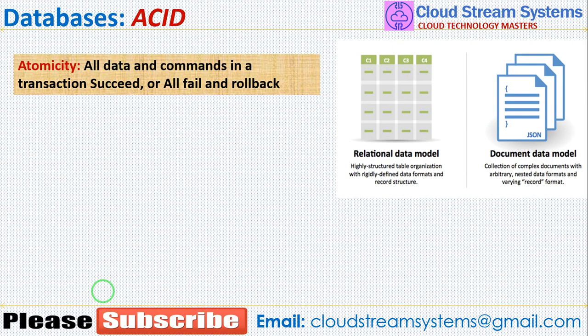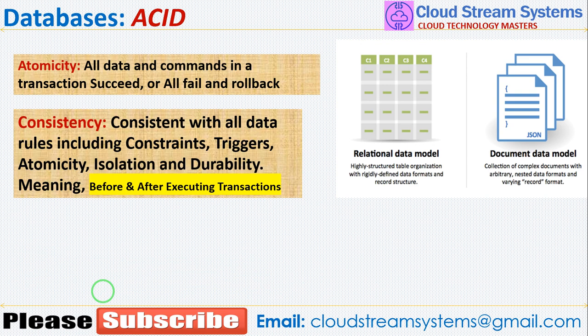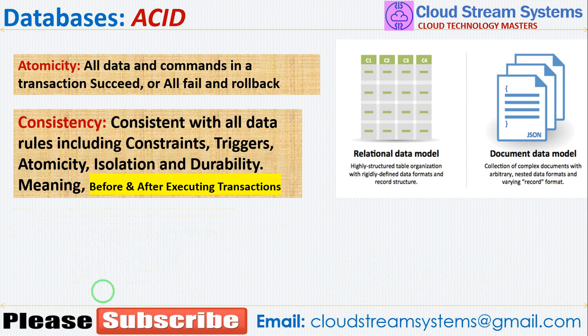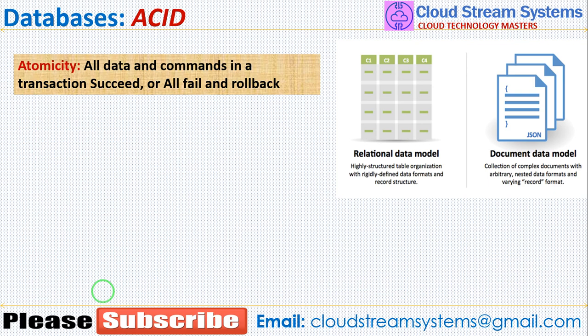What is the ACID consistency model? ACID means atomicity, consistency, isolation, and durability. We go one by one. Atomicity. Let us suppose you are inserting 1 million rows.